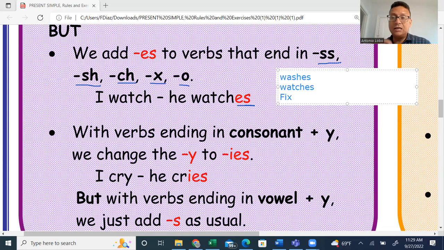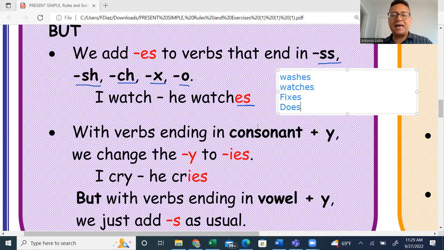I fix, he fixes, okay? I put ES. The verbs that finish in O, like do, I put ES. I do, he does. Okay? So these are rules.